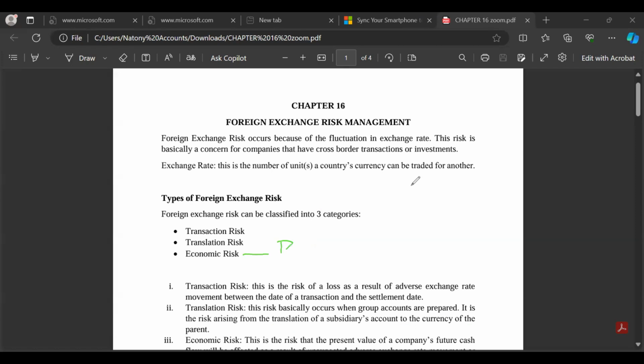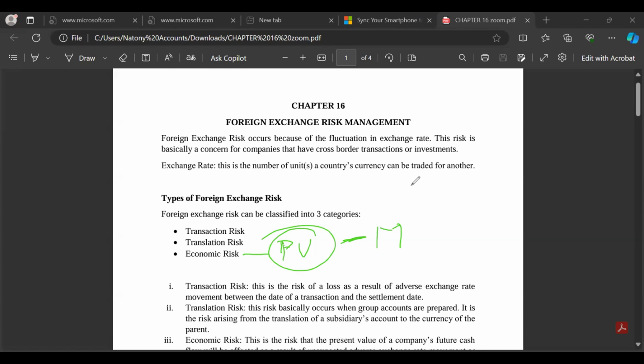The next and the last is the economic risk. Economic risk is basically a reduction in the present value of a company's investments in a foreign country as a result of macroeconomic variables that may work against that investment.